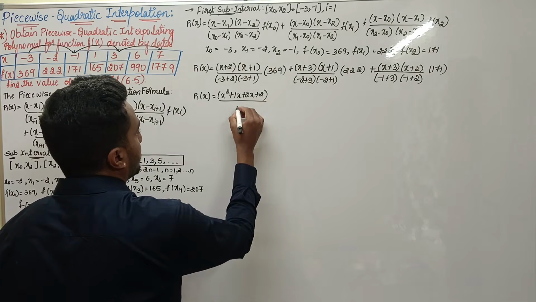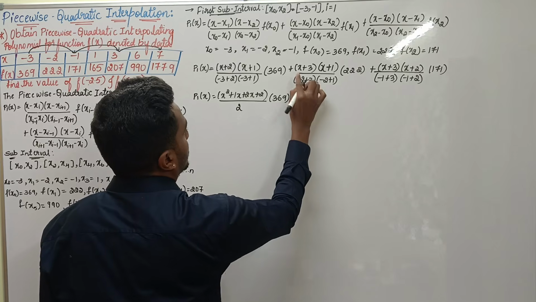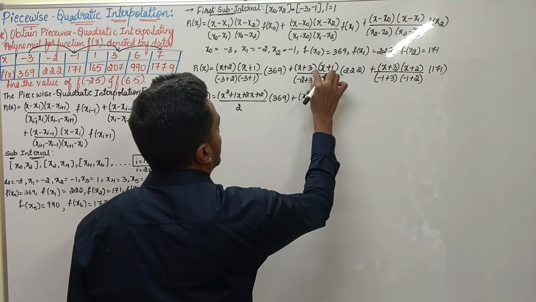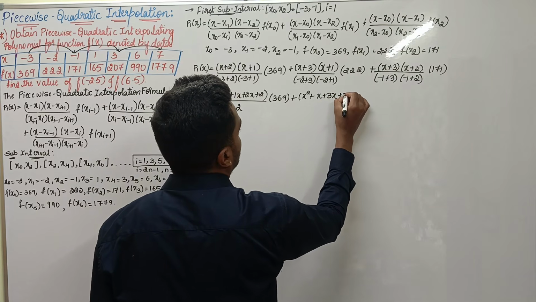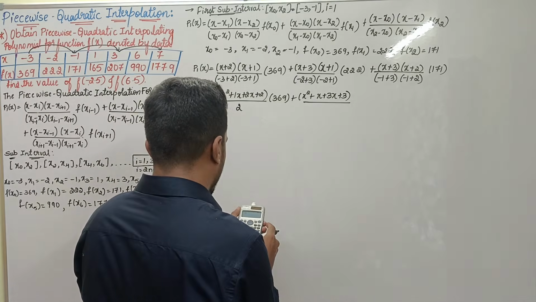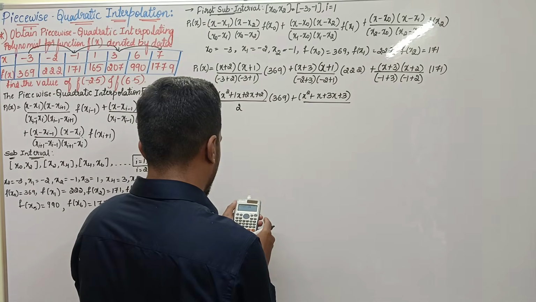You get 2 into 369, plus x into x square, x into 1, x, 3 into x, 3x, plus 1 into 3, 3, divided by (-2 plus 3) into (-2 plus 1).